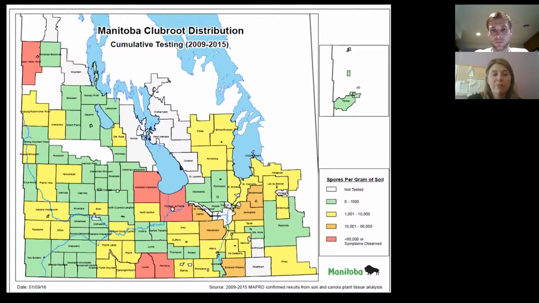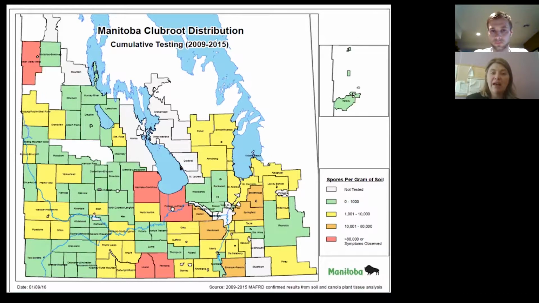We felt at that point at Manitoba Agriculture that we would really like to know earlier than 100,000 spores, or when we were seeing larger galls, that we had clubroot in the province. So we developed a program where we had a lab set up through the Manitoba Canola Growers Association, and we were able to use the protocols from the University of Alberta and test soil where farmers had no idea whether or not they had clubroot, down to 10,000 spores per gram of soil, and even lower than that.